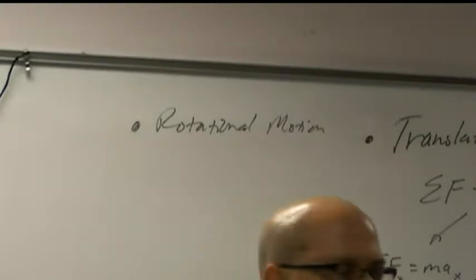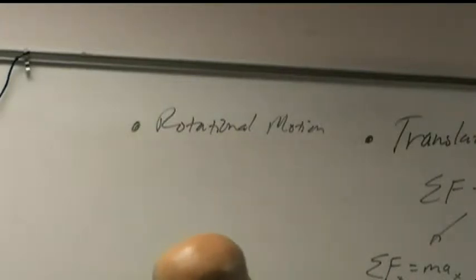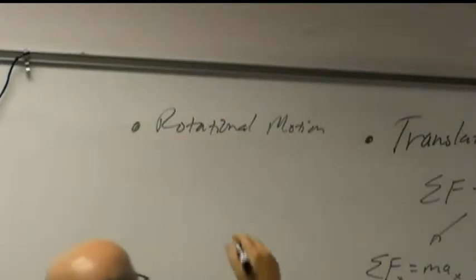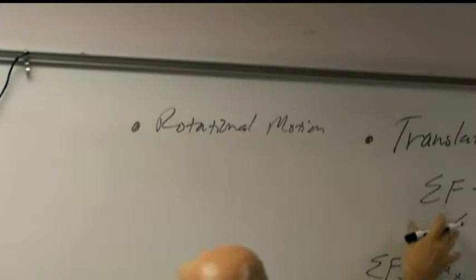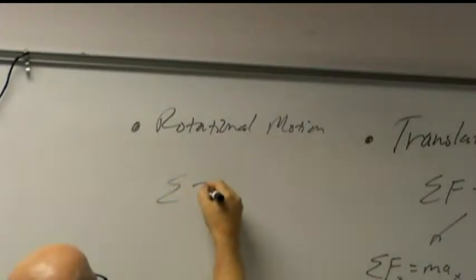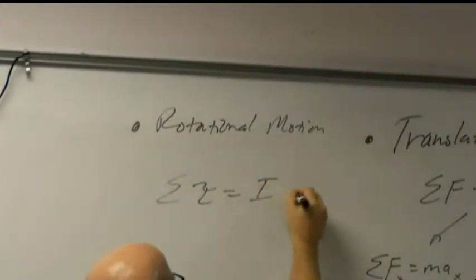So we have all those things. But now we have a new one, the rotational equivalent of F equals ma, which is torque equals I alpha. Okay? Now, this one requires us to think about things a little bit differently.